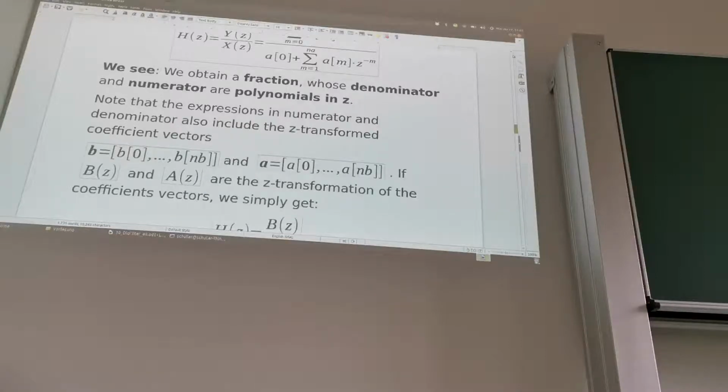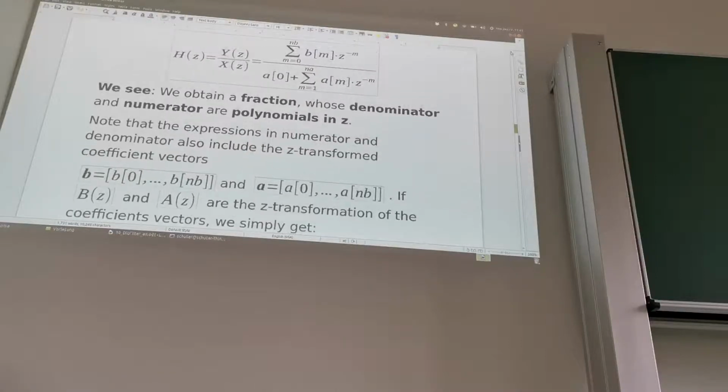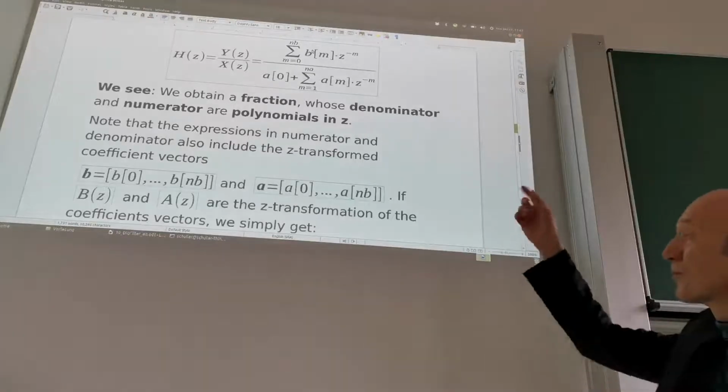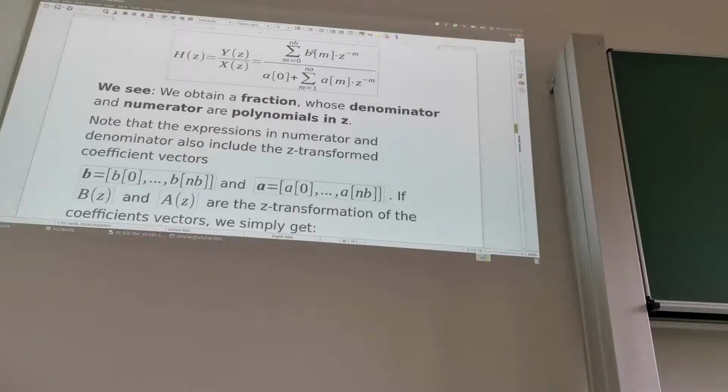Yeah, and when you look at these expressions, they themselves look like Z transforms. Right? So when you look at the numerator polynomial here, you can see it is the sum of B of m times Z to the minus n. It is basically the same as the sum of x of n times z to the minus n. Right?